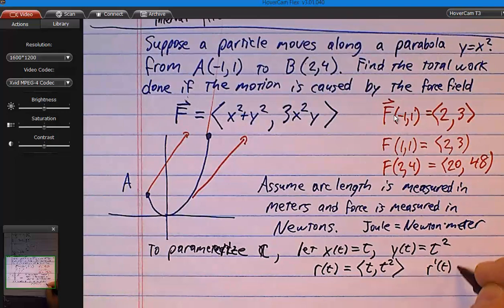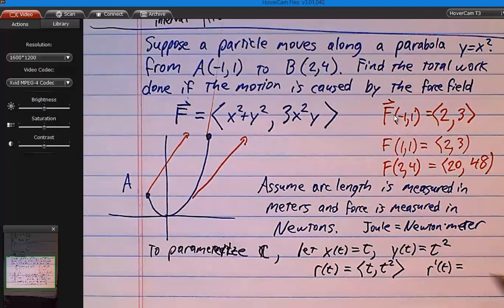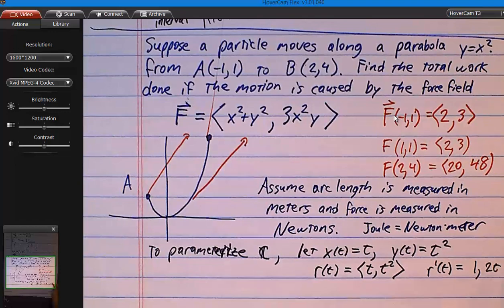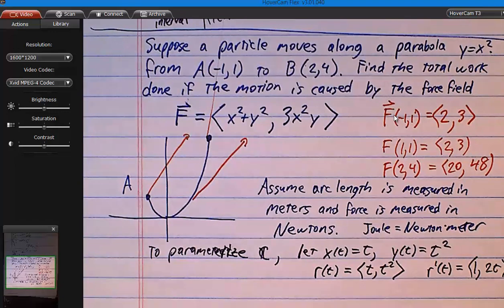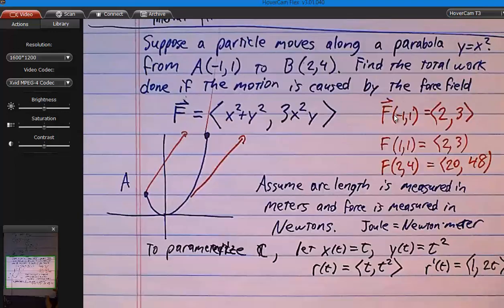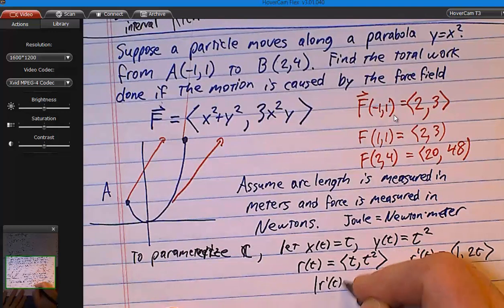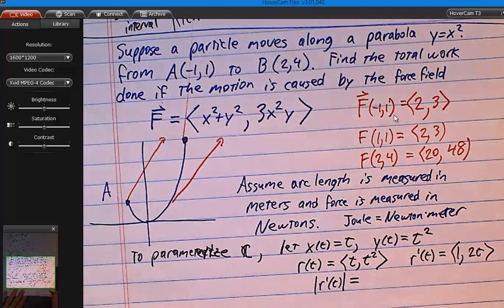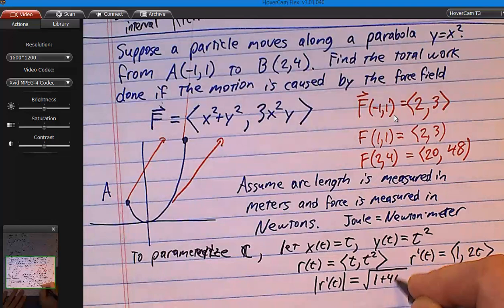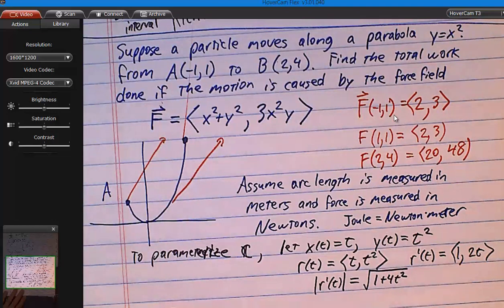What's r prime of t going to be? 1 comma 2t. And I also need the length of r prime of t. It's not going to be a nice number like the square root of 2 anymore, is it? It's going to be the square root of 1 plus 4t squared, correct? Yeah, I think so.